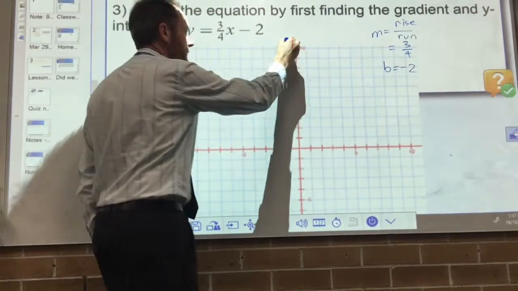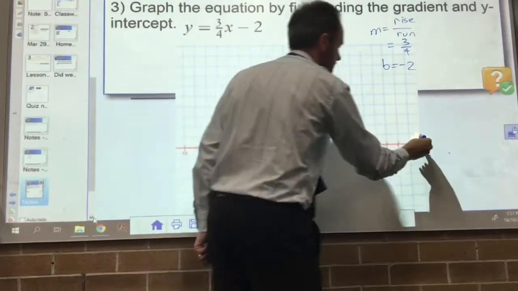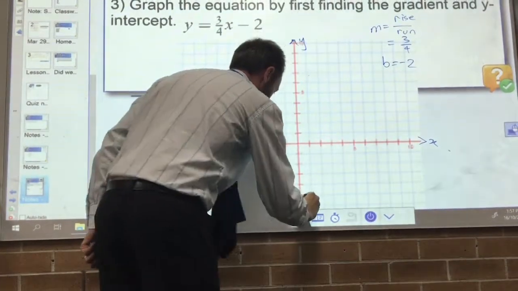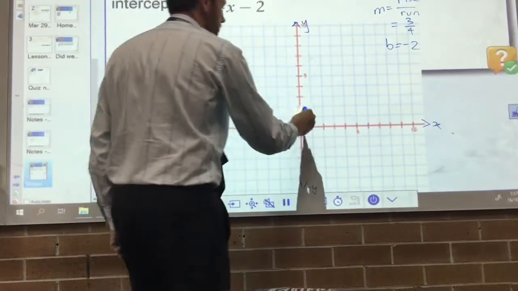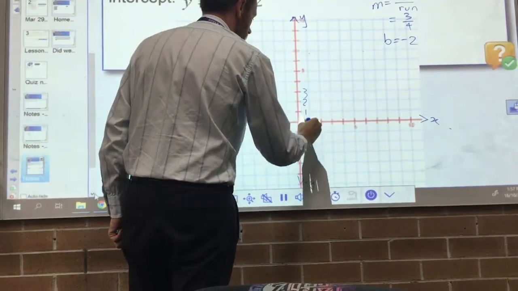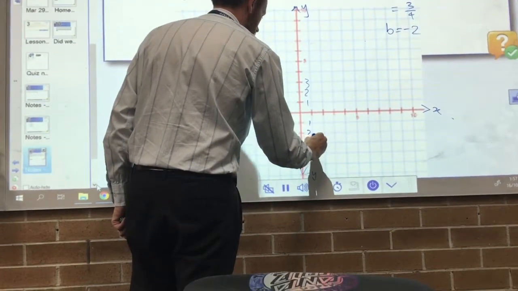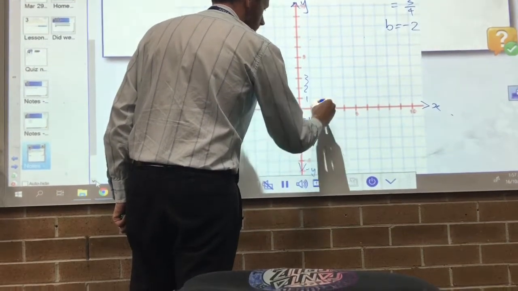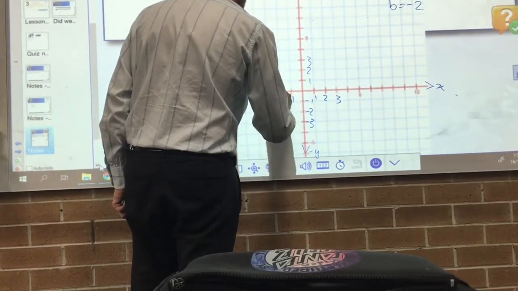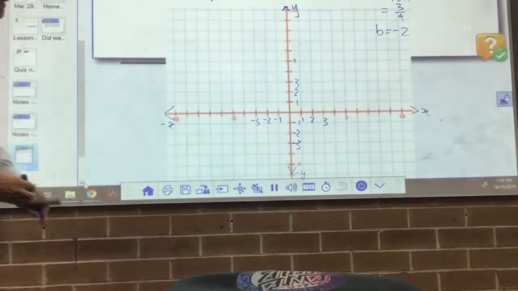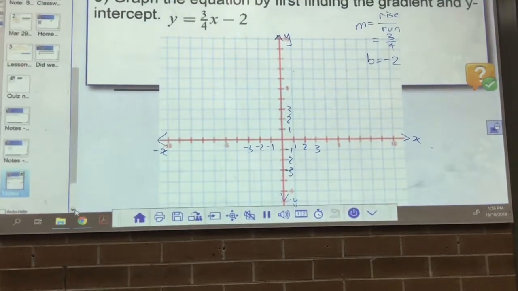So I label my graph accurately. I draw all my numbers. Again, I draw my numbers for the x-axis. And I'll see how I go with just those numbers. I may need to expand slightly.